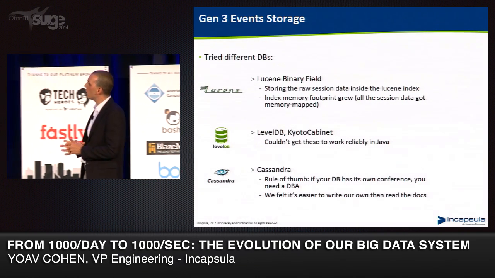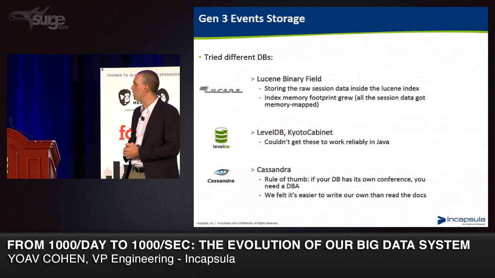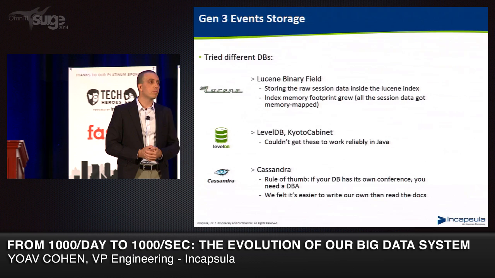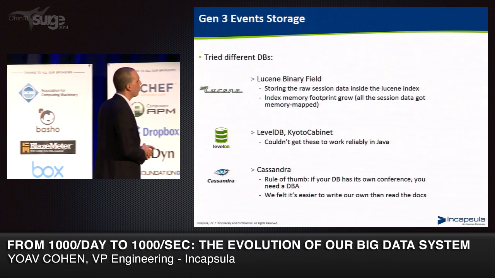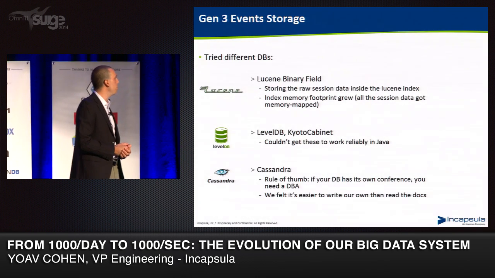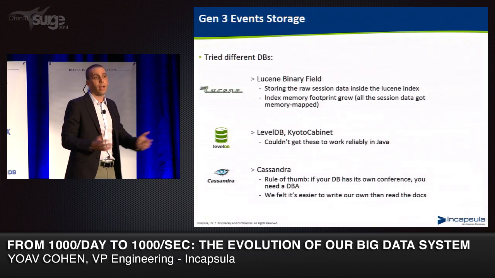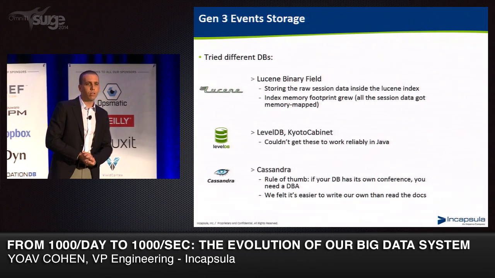So that wasn't a great solution. It was simple in proof of concept, but it didn't make it to production. We tried some simple key value stores like LevelDB or Kyoto Cabinet. We couldn't get them to work reliably in Java. Honestly, we didn't try as much to get them to work. And we also tried to use Cassandra.